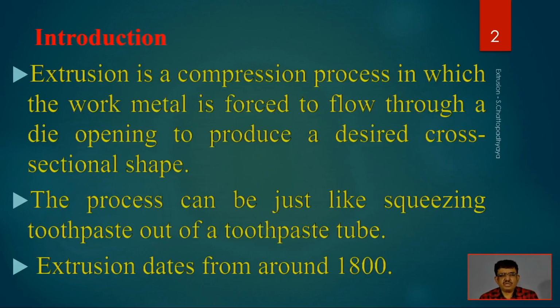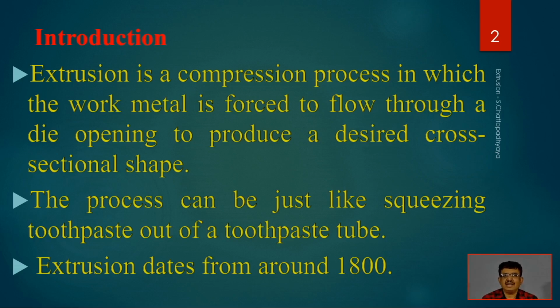So what is extrusion? Extrusion is a compression process in which the work metal is forced. For drawing it is pulling, for extrusion it is pushing. The work material is forced to flow because that fluidity has to be ensured.